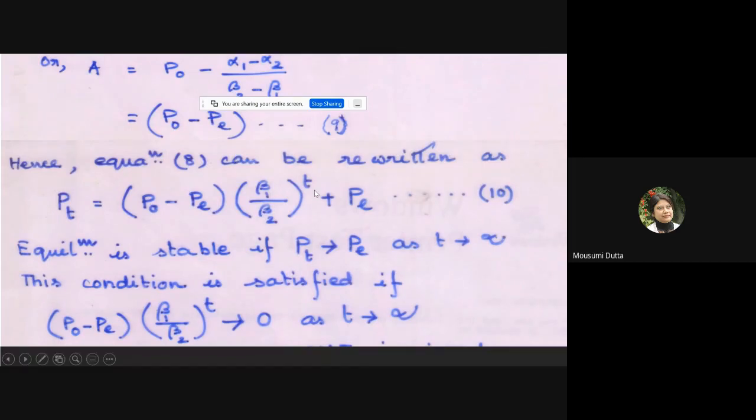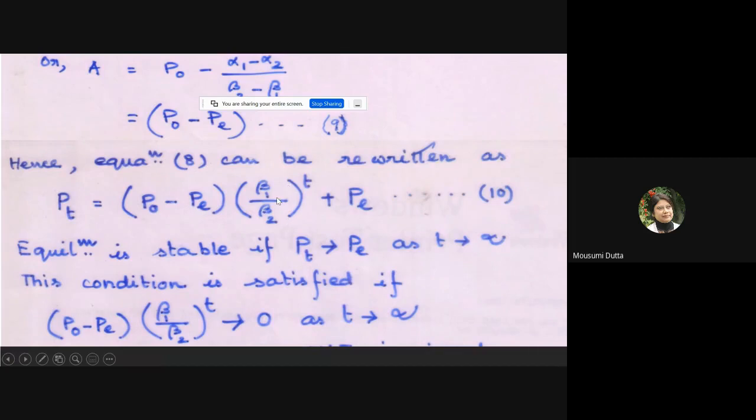In that case, as the power increases from 1 to 2 to 3 and moves towards infinity, this value remains positive. It's not that it is negative, then positive, then negative, then positive. It's not like that. It will remain positive, both for the even as well as for the odd orders.